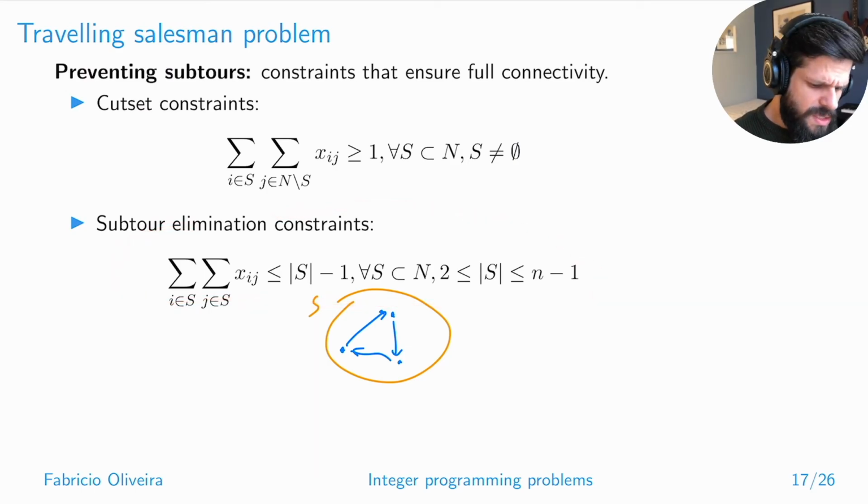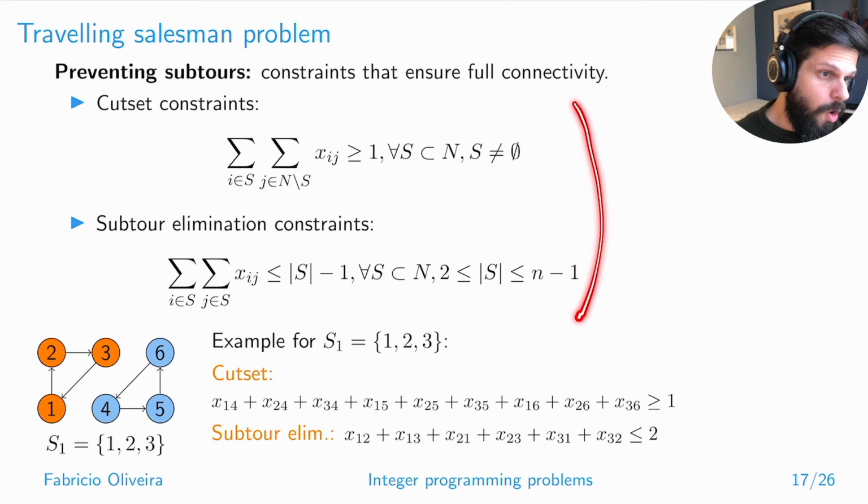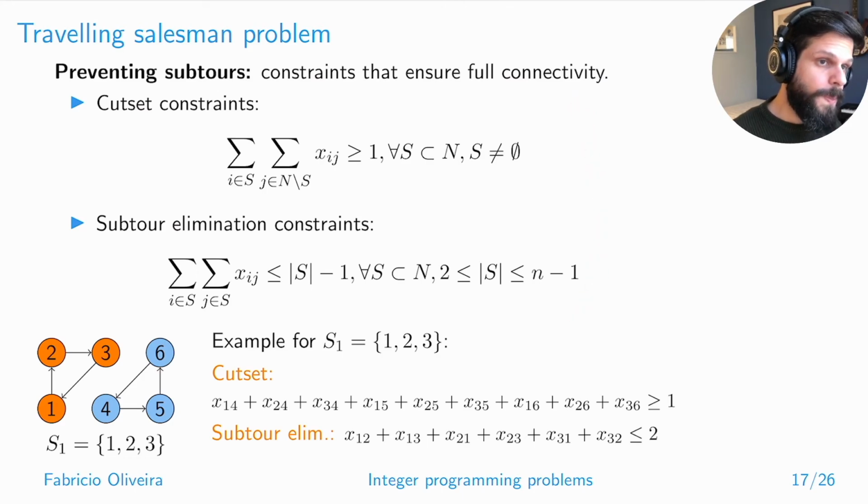The way to deal with these constraints is something that we won't explore much in our course, but it refers to the notion of lazy constraints. This funny name means that, instead of having all these constraints considered at once, you can simply not have them considered, solve the problem, and observe the occurrence of subtours.